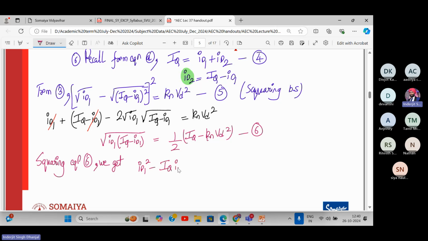I have opened this bracket, is equal to what? 1 by 4 IQ minus Kn into Vd square, the whole square. Yes or no? Is this proper, right?